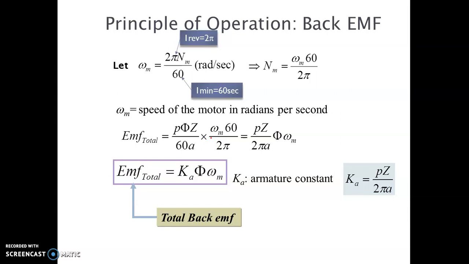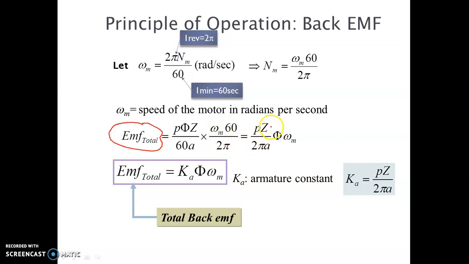Induced EMF was derived and its relation was like this: total induced EMF in the armature is phi times Z times P by 60 A times omega m. Phi is the flux, Z is the total number of conductors, P is the poles, 60 is a constant, A is the parallel paths, and omega m is the speed of the motor in radian per second.